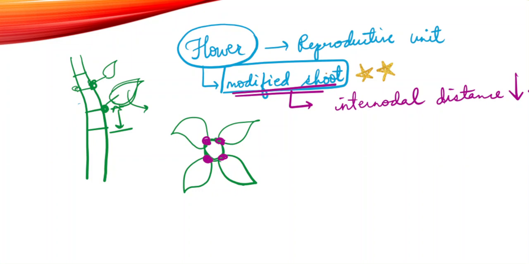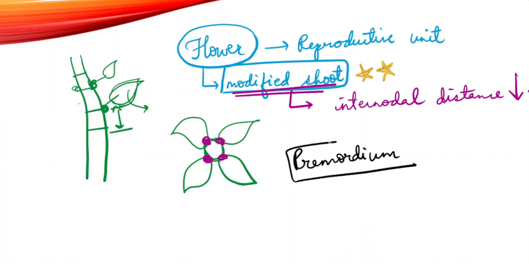If you go and study NCERT in depth, then they have written that the flower has come from a primordium. Okay, flower has come from what? Primordium.